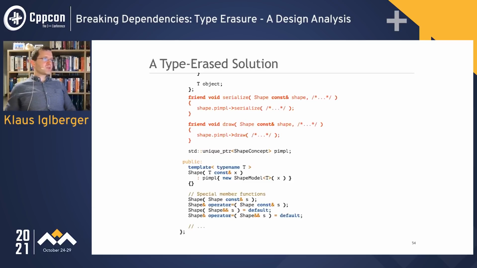What are the trade-offs of using type erasure to enforce a closed set of operations as opposed to C++20 concepts? I think it's a different thing. You could use a concept, for instance, exactly at this point in order to check at compile time that the thing that you're adding is a shape, whatever I now understand as shape. And from my perspective, a shape is something that I can draw and serialize.